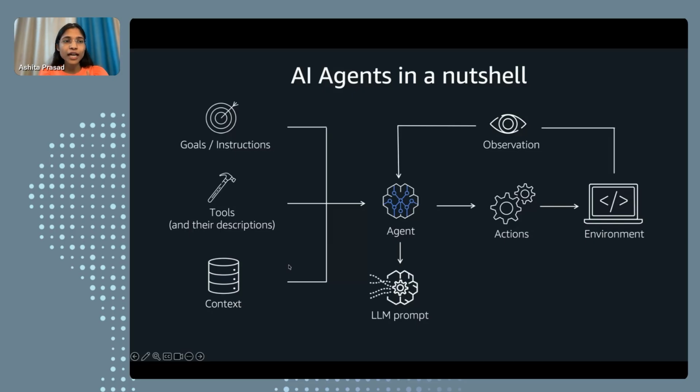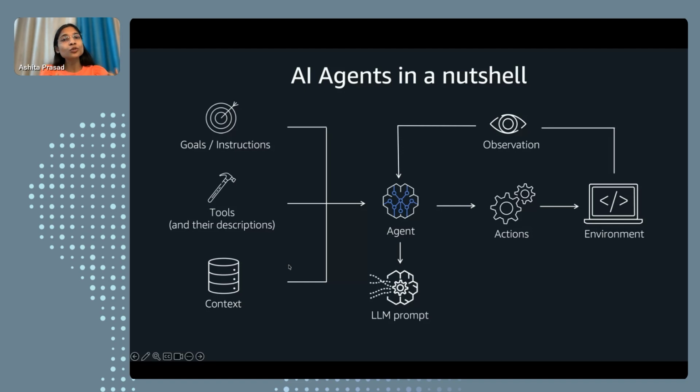So first, we have the goals or the instructions. Now, this is us telling the agent what it needs to do. So it can be things like help me find a movie for my Friday night, or say book me a flight to Amsterdam, or say register me for Notes AI. So the agent needs to know what it is actually working towards.